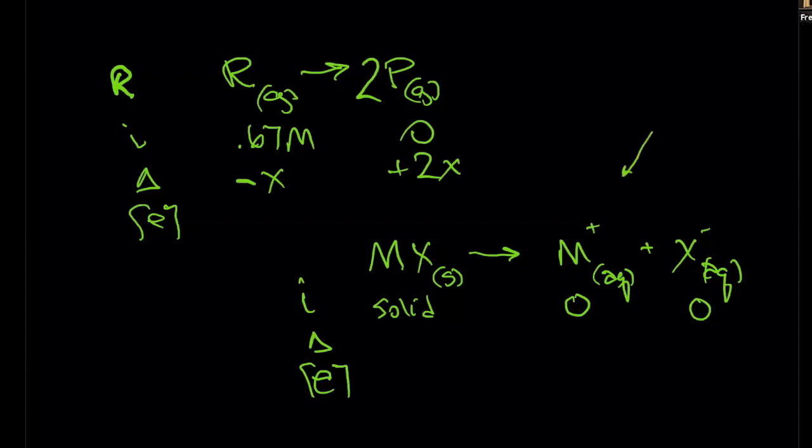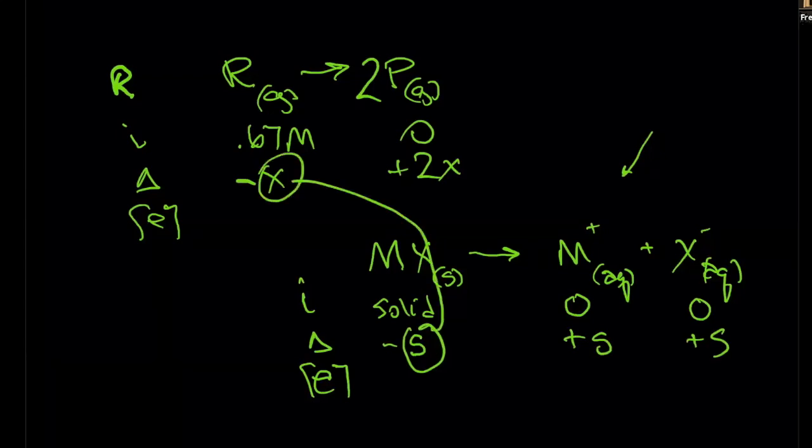We actually call it an S value. So we said that some of this will dissolve, but when they dissolve, then they form ions. And so our S here is like our X here to indicate the progression of a reaction. But the S is called the solubility, because that's how much of the chemical goes into solution.